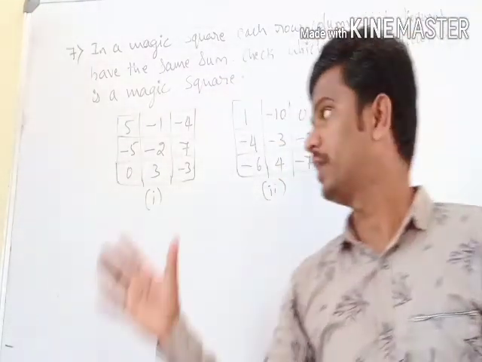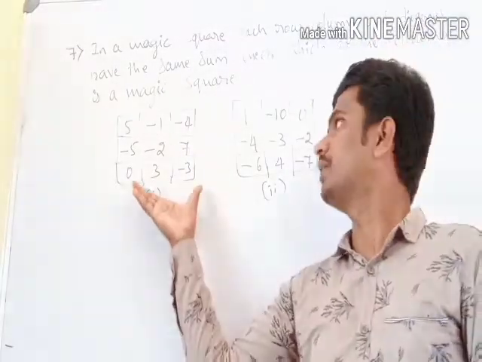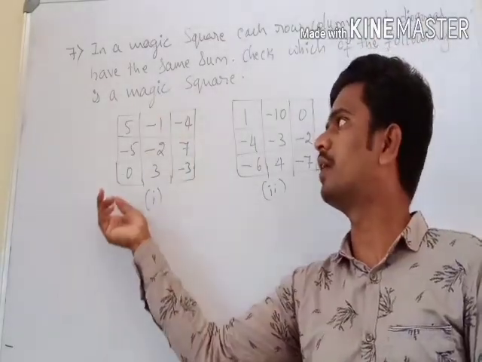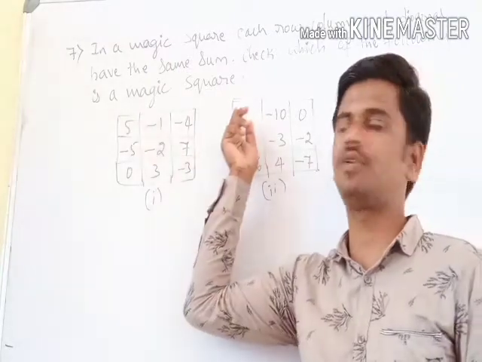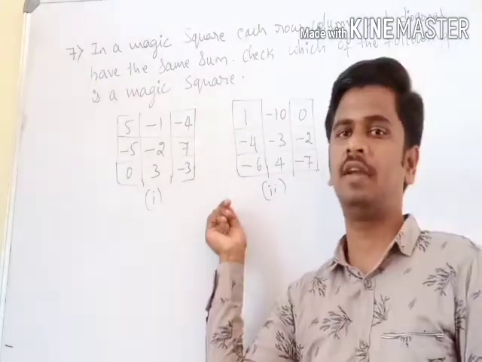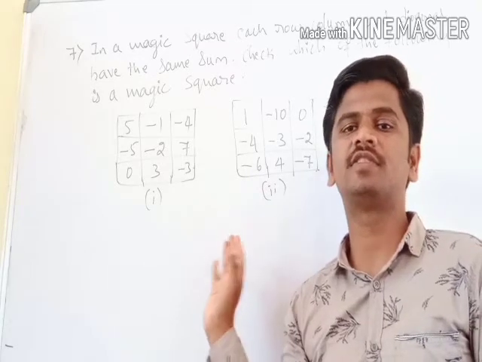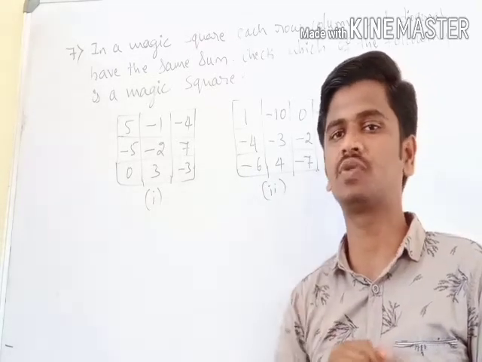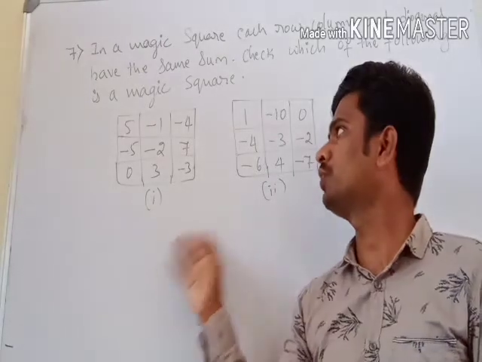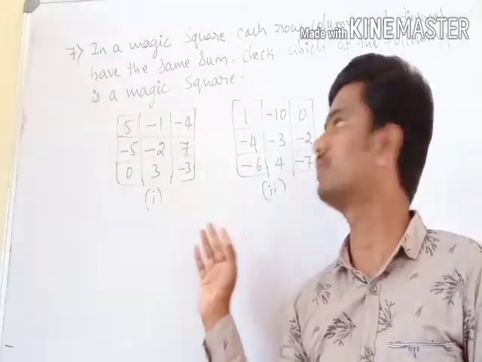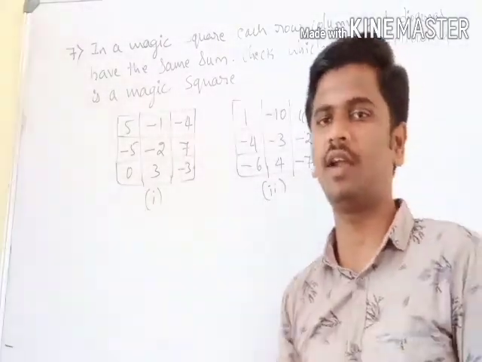It means if the sum of columns, rows and diagonals is the same, then we can say that such squares are magic squares. They have given two squares here. We have to check whether they are magic squares or not.